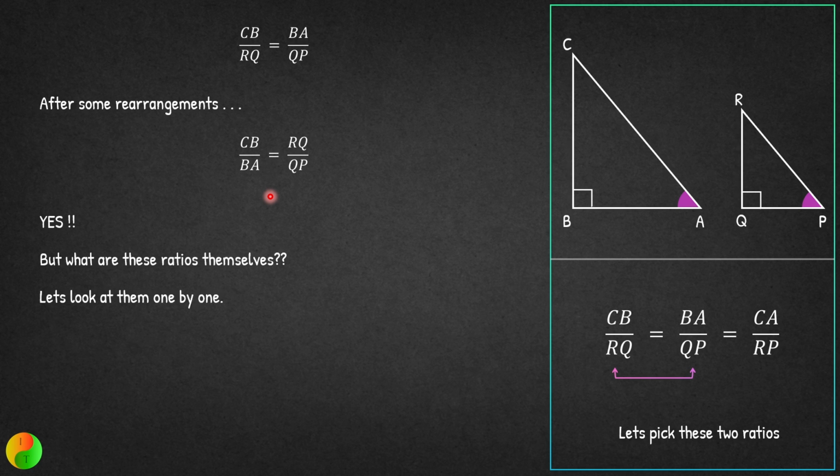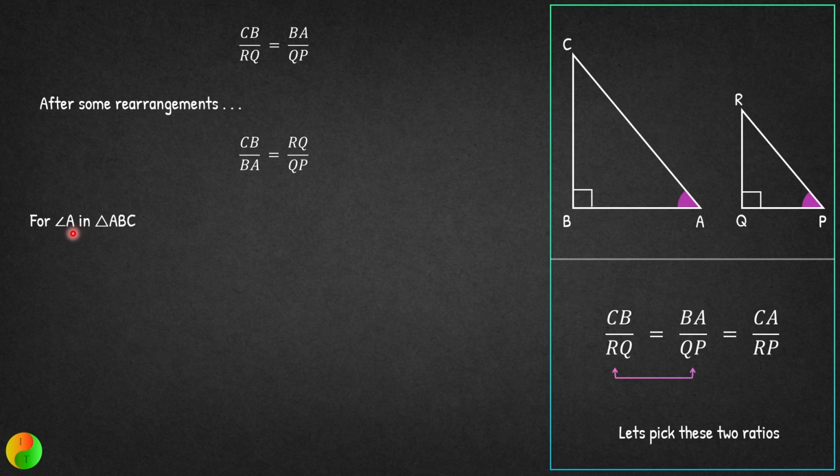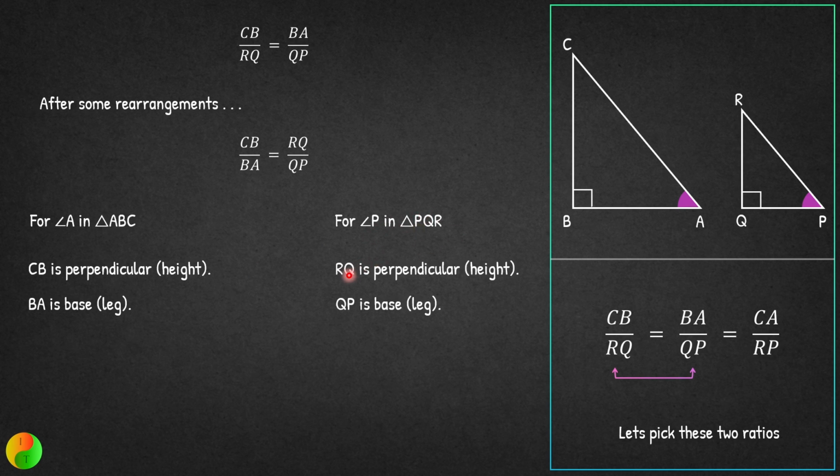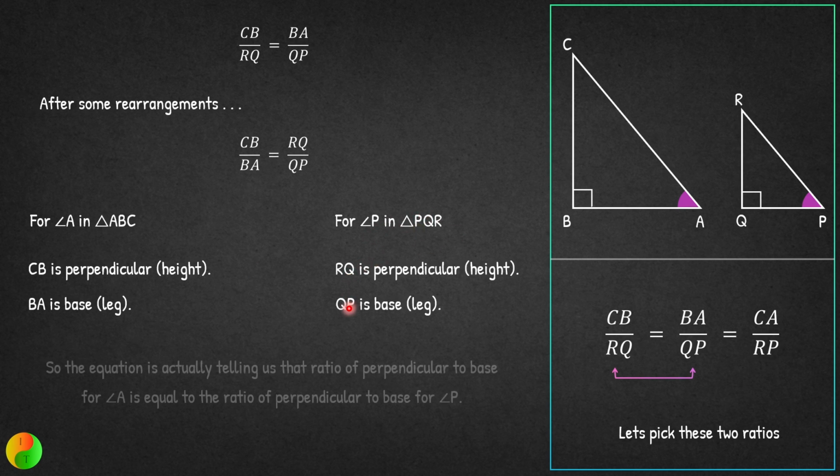Let's look at them one by one. For angle A in triangle ABC, CB is the perpendicular, or you can say height, and BA is the base or leg. Correspondingly, for angle P in triangle PQR, RQ is the perpendicular and QP is the base.